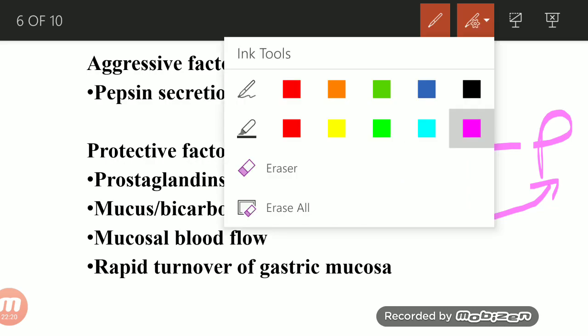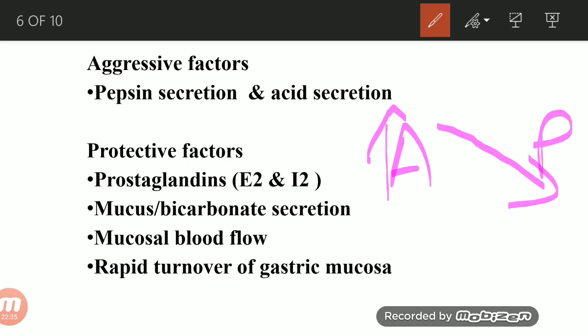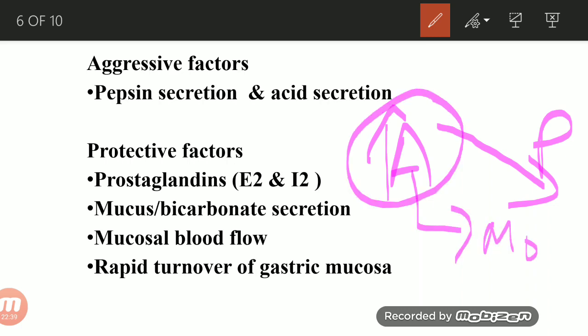But if there is a decline in your protective factor, then it will lead to damaging of your mucosal layer of your stomach, of your duodenum.